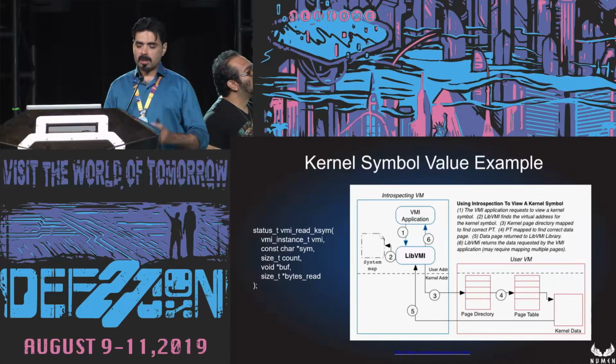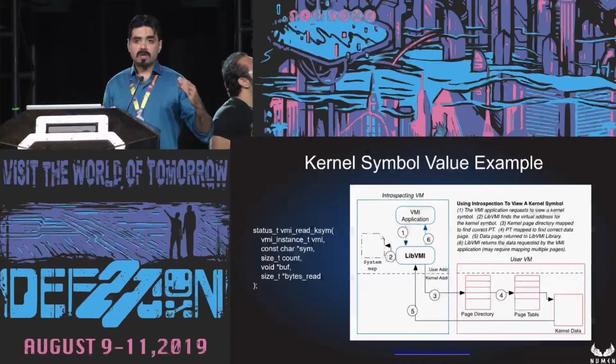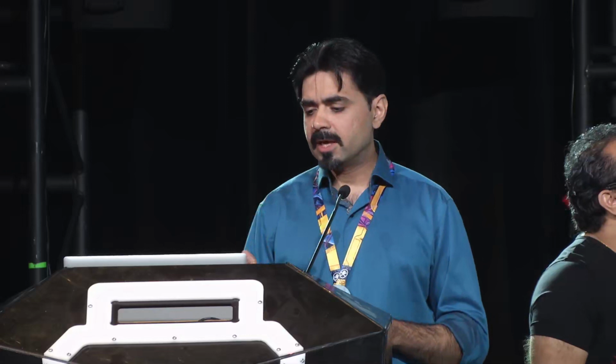So what will happen, let's say if you have to read the value, you'll get the virtual address. libVMI will first go and check with the system map to see where the virtual address is, and then take that and map it to the page directory.